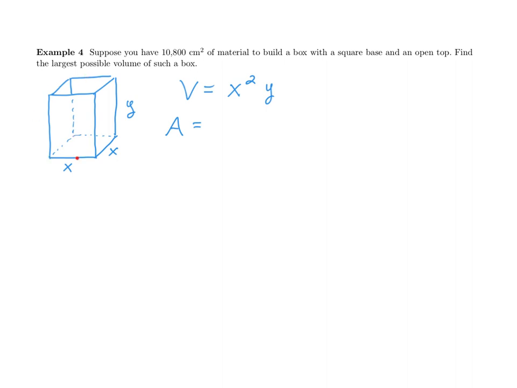Well, there's one base, and that's x squared. That's the area of the bottom. There's no top, so you actually don't get another x squared. We only get the one on the bottom. But there are 1, 2, 3, 4 sides. The area of each of those is x times y, so that is plus 4xy.